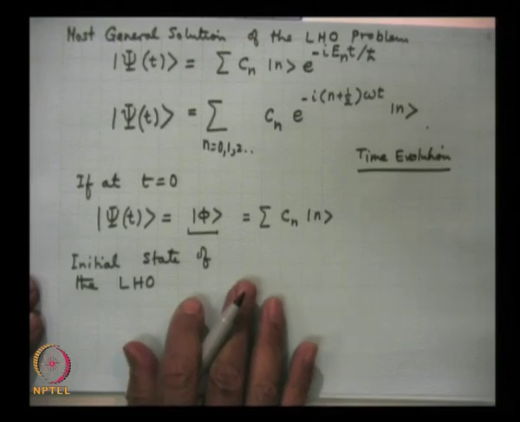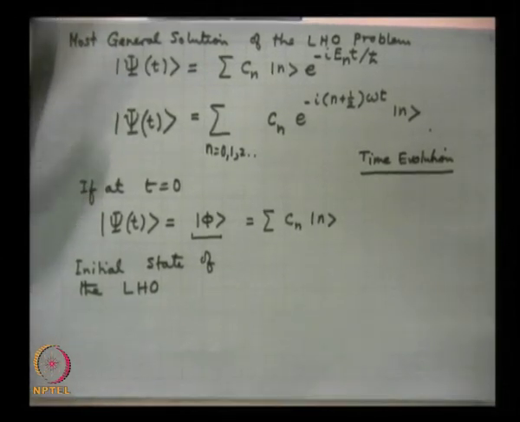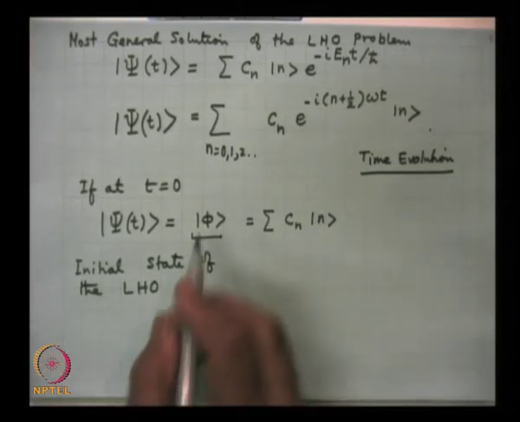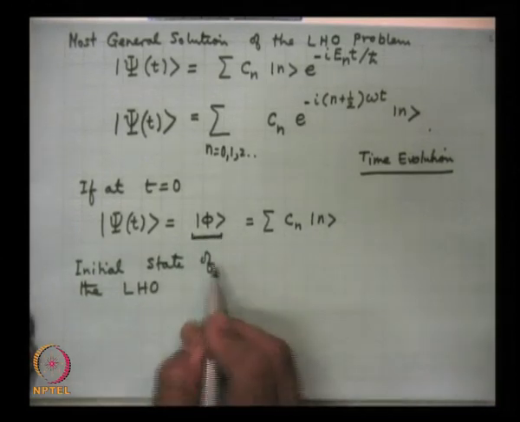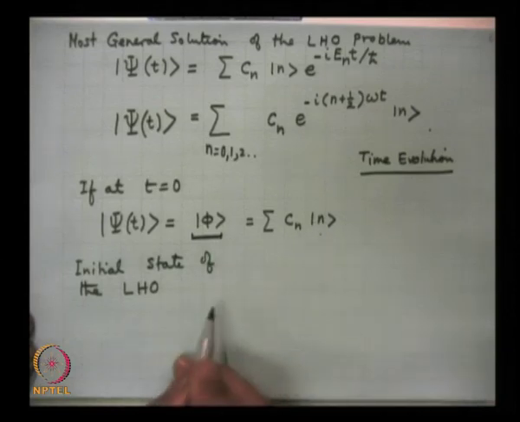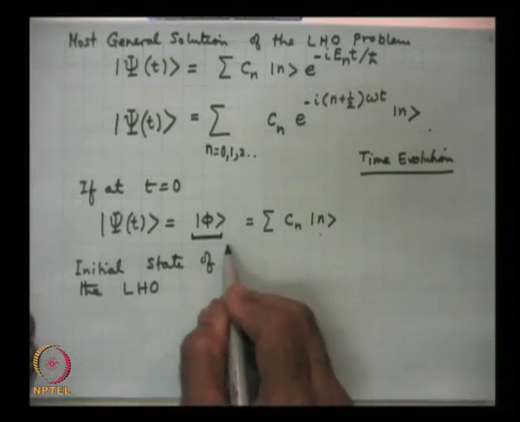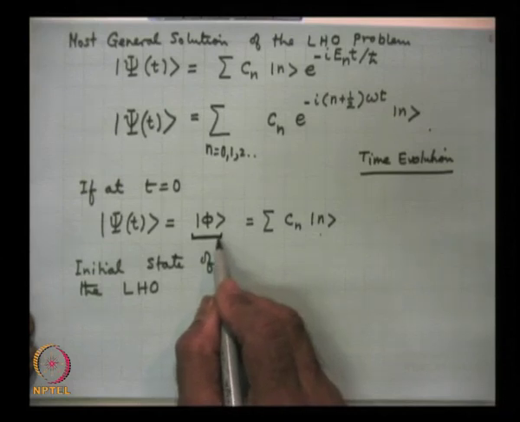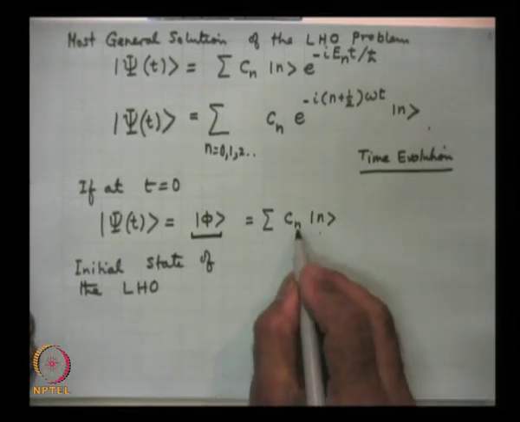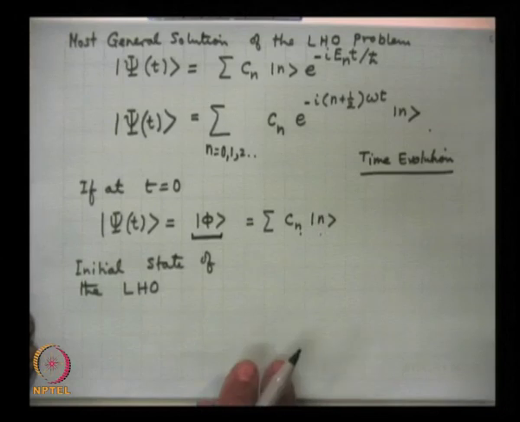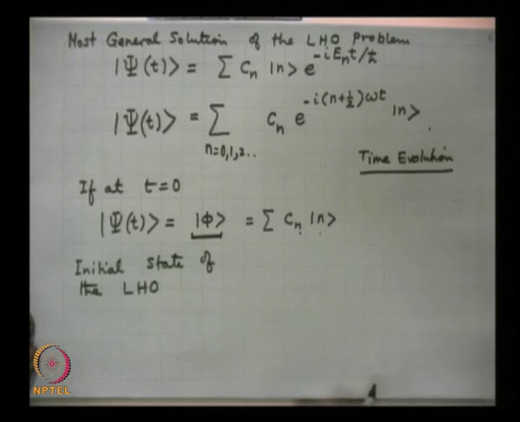This is how we solved a variety of problems. Then what we should do is first expand it, and then if I am asked how this state will evolve with time, the answer is simple. Each term I multiply by e to the power of minus i n plus half omega t, ket n, and that will be the time evolution of the state.